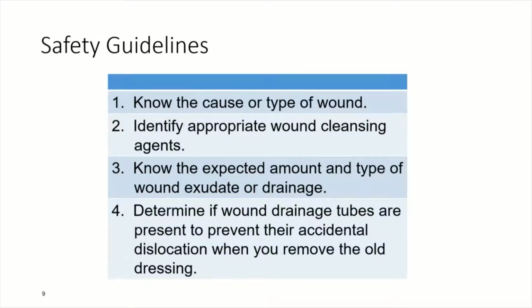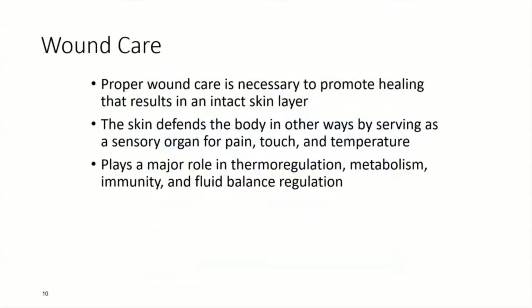So we want to know if our patient has a drain, so that when we take the tape off and take the gauze off, we don't pull the drain out. And also, we want to make sure that any drainage containers or tubes are positioned in a way that they're not going to cause any pressure injuries.